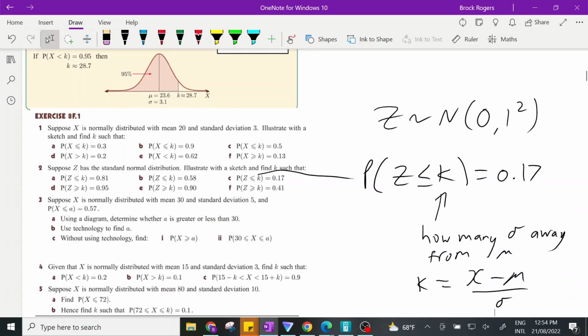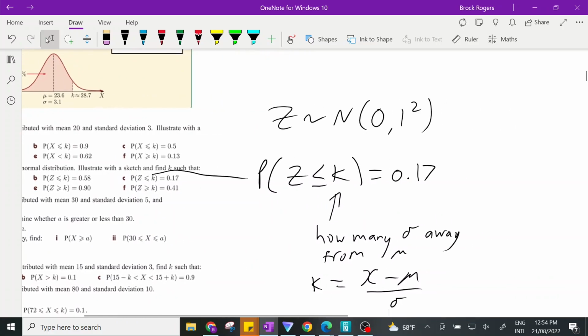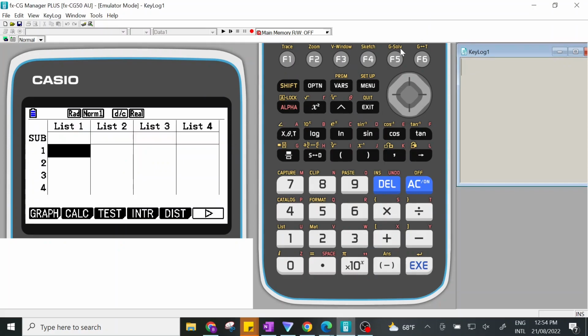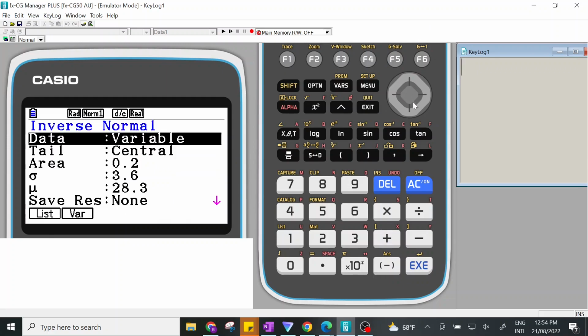if we use the calculator for this one, again we are working with a probability, trying to find a value. So again, that is using the inverse normal. This one we'll actually do together. We want to just double check that we are in distribution, normal, inverse normal.